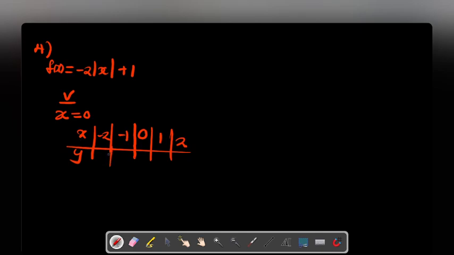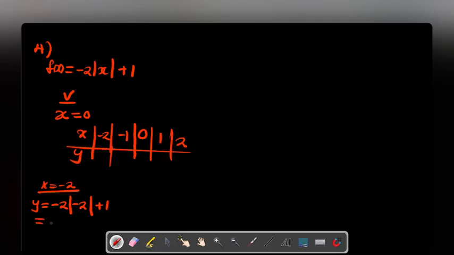Okay, from here now we need to get the values of y. So when x is equal to -2, what are we going to get? We have y equal to -2 times the modulus of x. We substitute -2, then plus 1.